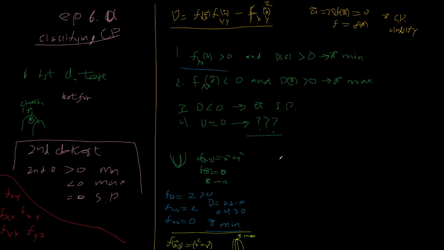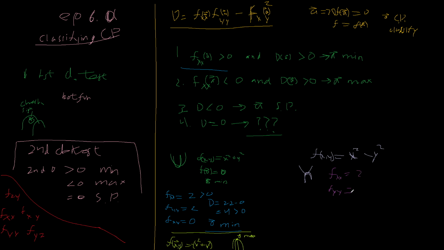The next thing I want to do is showcase the saddle point. I'm going to pick a different color I haven't used before: x squared minus y squared. I've shown this function before. This is the very stereotypical saddle point, so we should expect D is less than 0. As expected, f_xx equals 2.